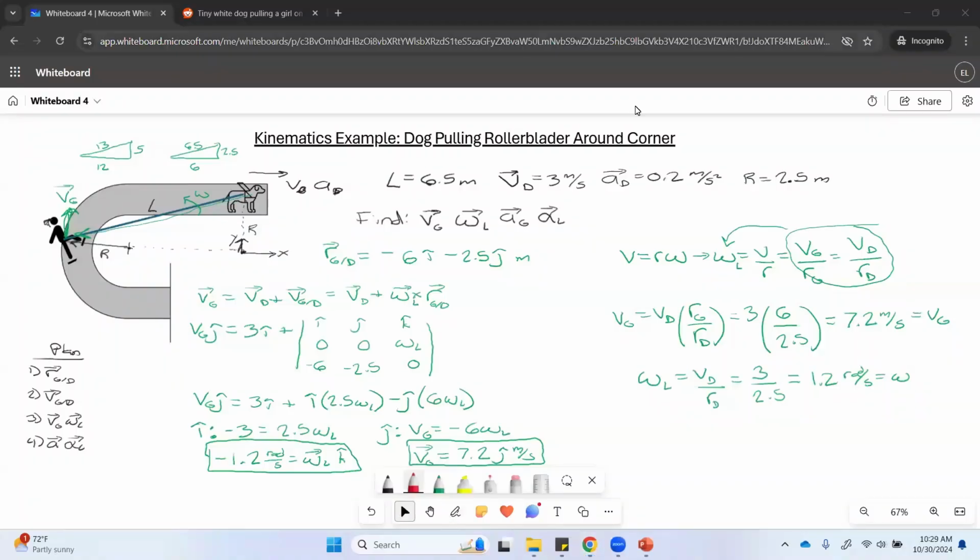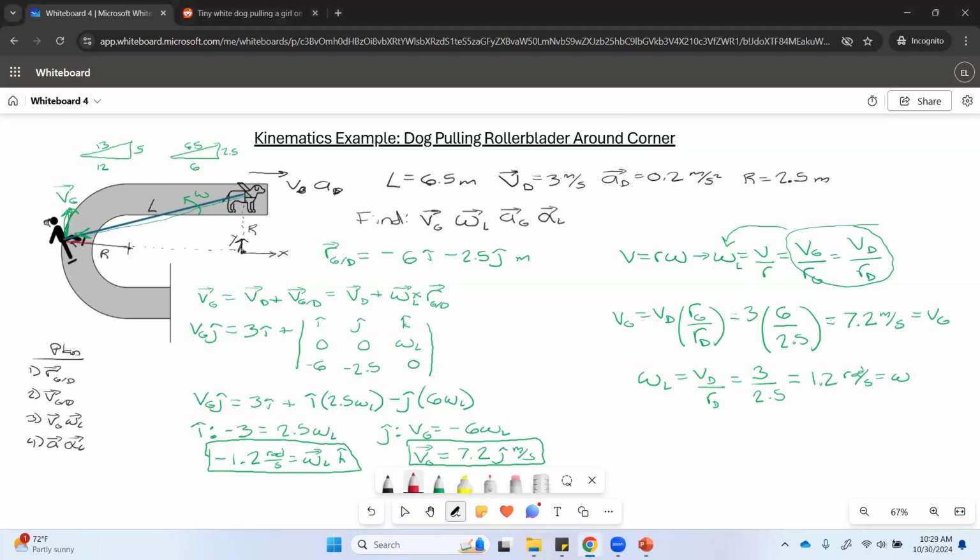For the next part, we're going to find the accelerations. So we need angular acceleration of the leash and linear acceleration of the girl. Now we know that the dog has all of its acceleration in the positive x direction. The girl is going to have a linear component of her acceleration and an angular component because she's going around a circle. So you have that centripetal acceleration and you have the rate of speed change. Sort of like with polar coordinates, when something's going in a circle, you have the UR component and the U theta component.